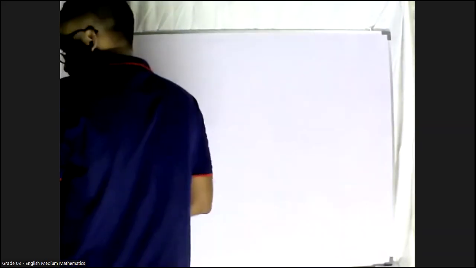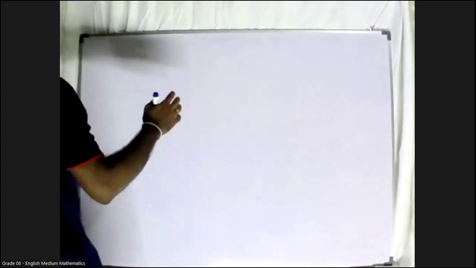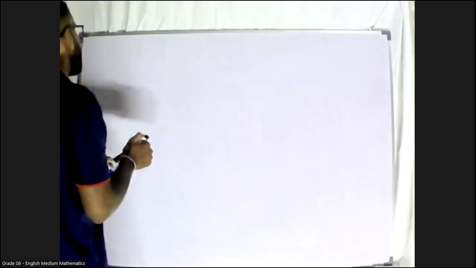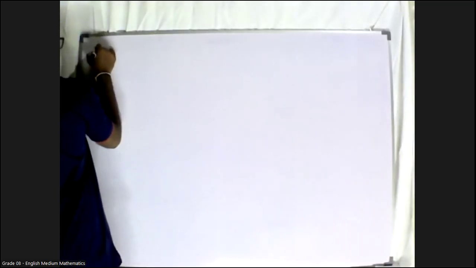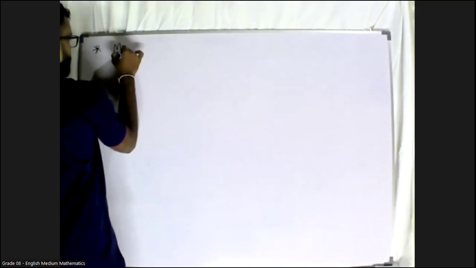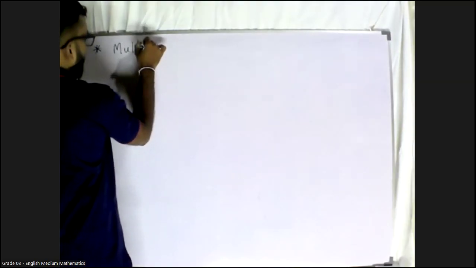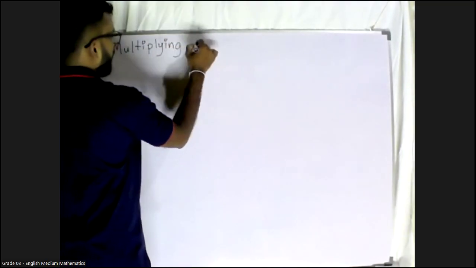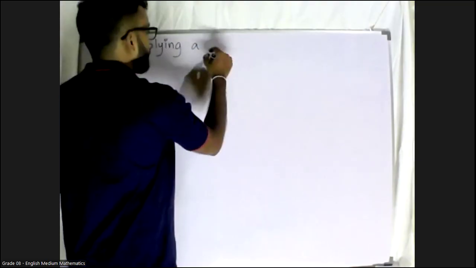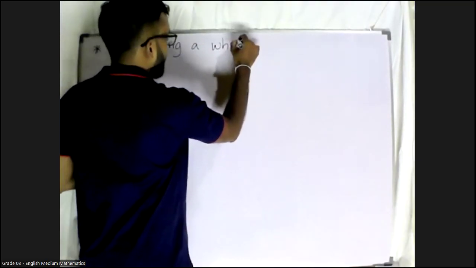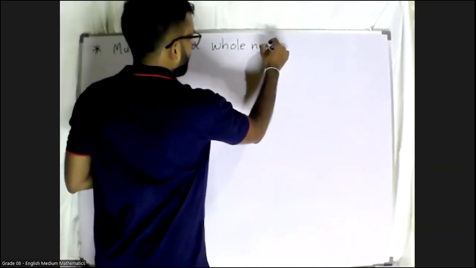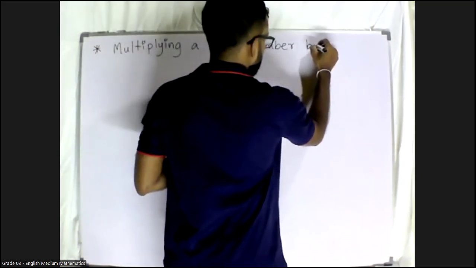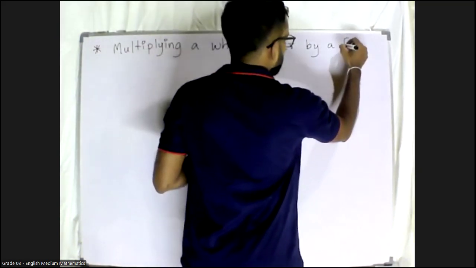The vice versa. So previously we did multiply a fraction by a whole number. Now we are going to do multiplying a whole number by a fraction.